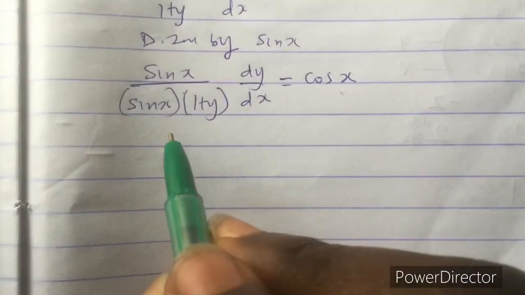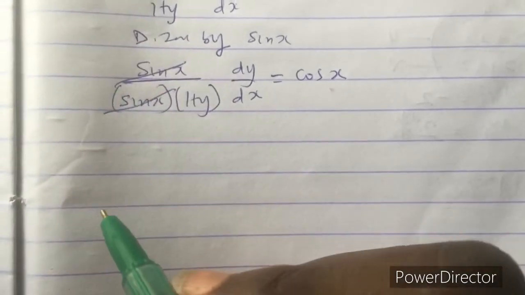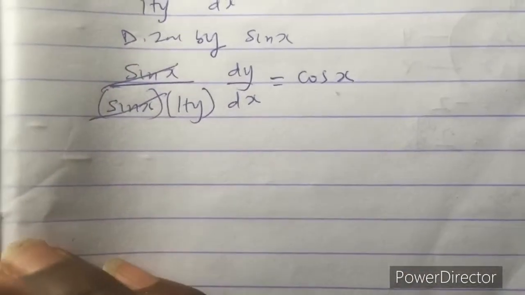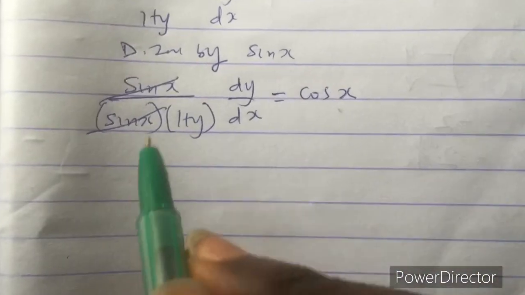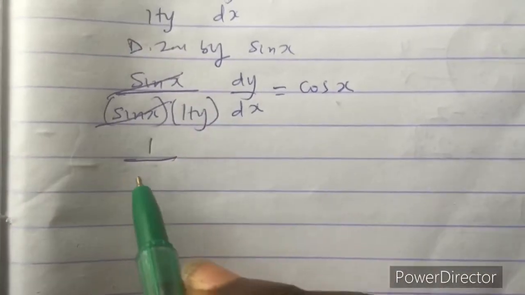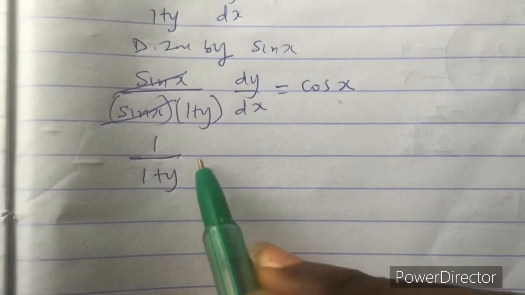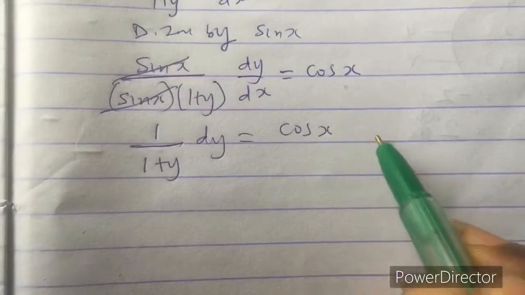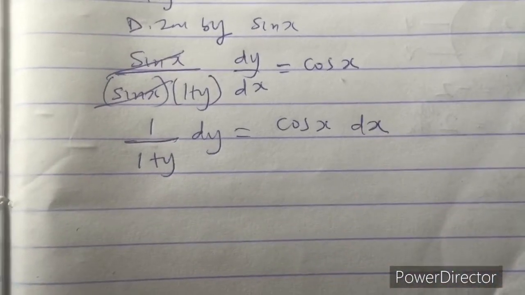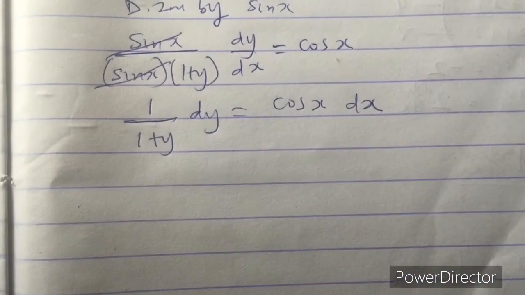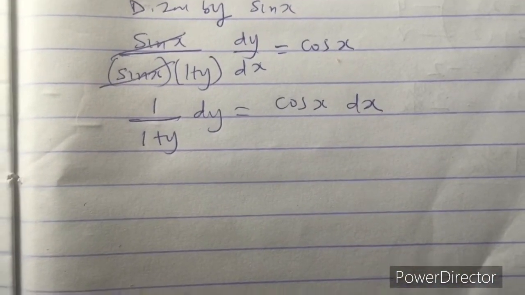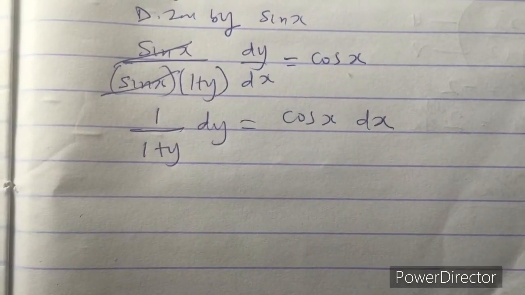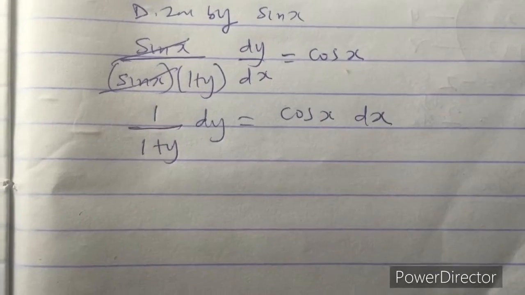Alright, from there we can just say sine x cancels sine x. Our aim is to let our y's be at one side and our x's be at the other side, so we can just say 1 over 1 plus y dy equals cos x dx. I hope someone got that.